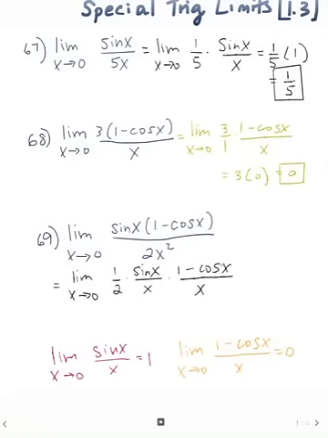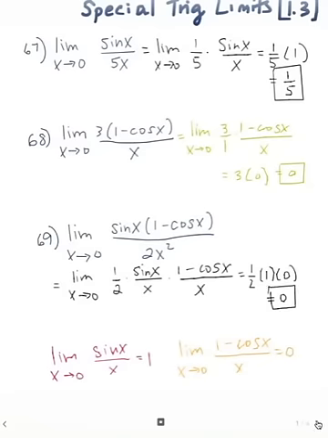I've essentially taken the fraction and pulled it apart. So the 1/2 stays, sine x over x is 1, 1 minus cosine x over x, that special trig limit is 0. So if we find the product of all of these, the answer is 0.